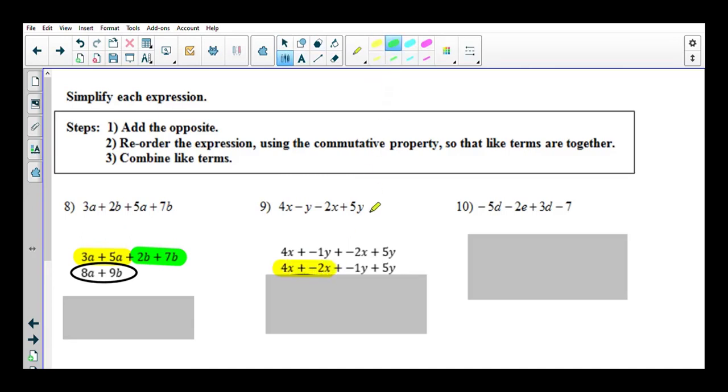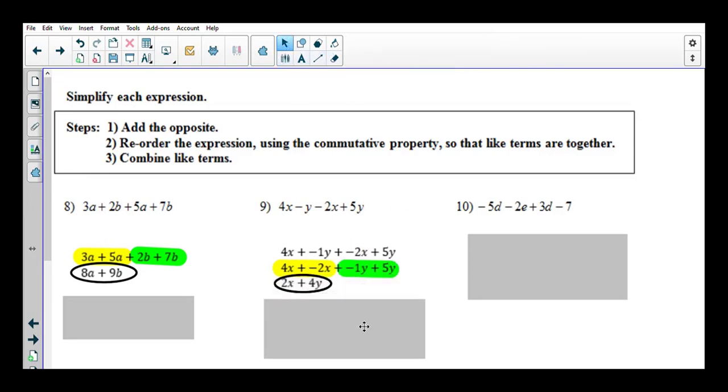Then for the y's, do -1 plus 5. That's going to get you 4. So you should get 2x plus 4y. If you follow the rules and the steps here, it should be pretty easy. When you don't follow the steps and you try to skip steps, that's when things become a bit more complicated.